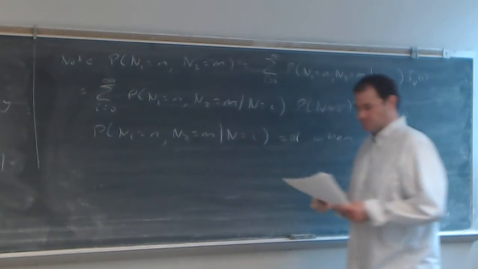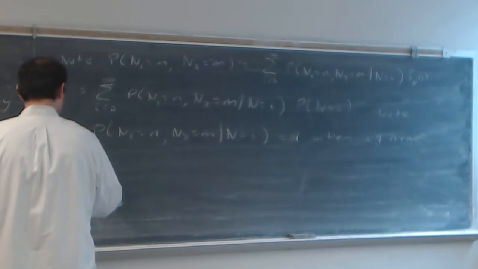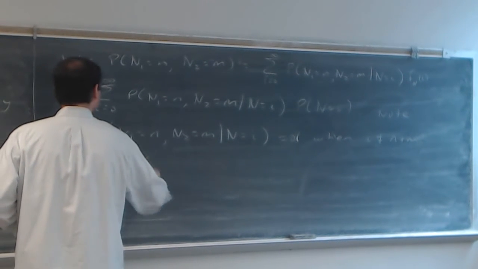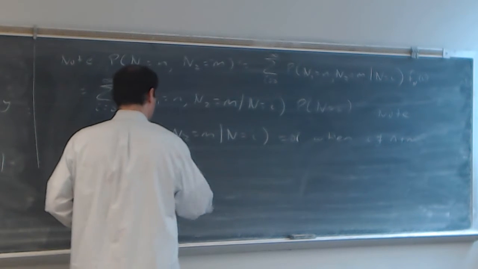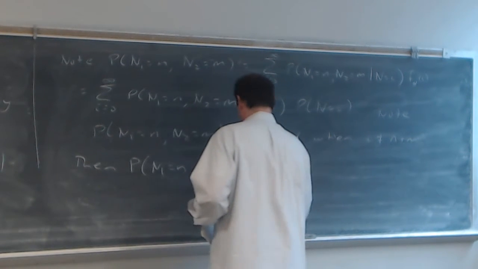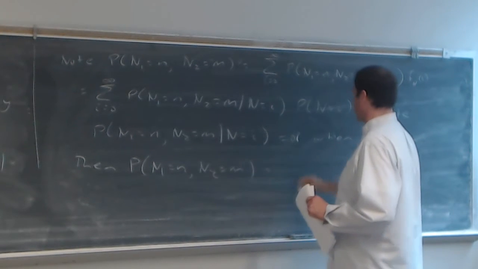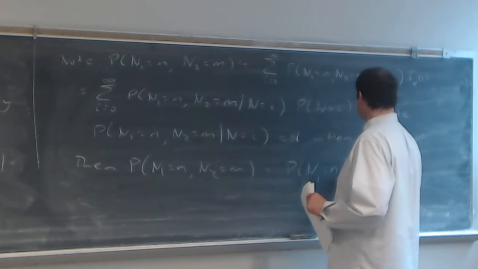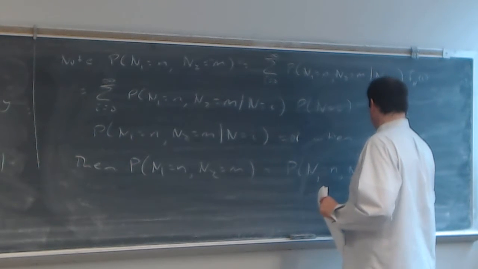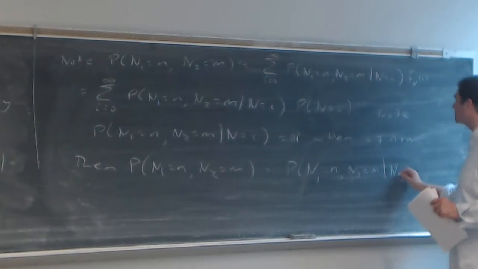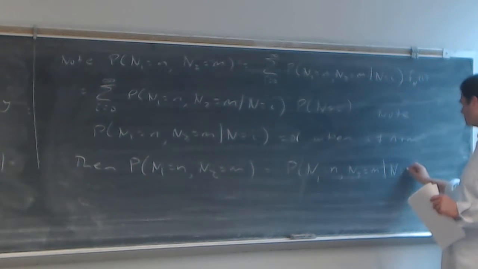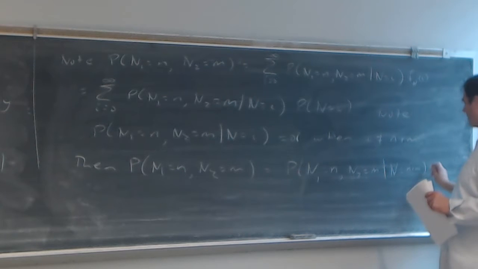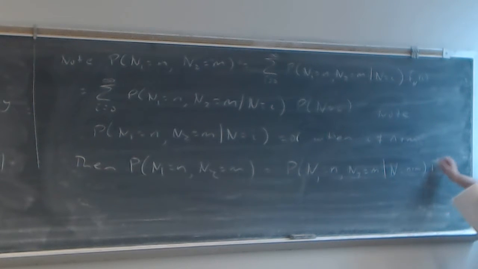So in our sum, where we're trying to compute the probability that N sub 1 equals n and N sub 2 equals m, that's really just one item. It's the probability that N sub 1 equals n, N sub 2 equals m, given N equals n plus m, times the probability that N equals n plus m.